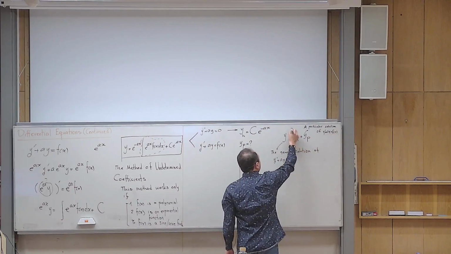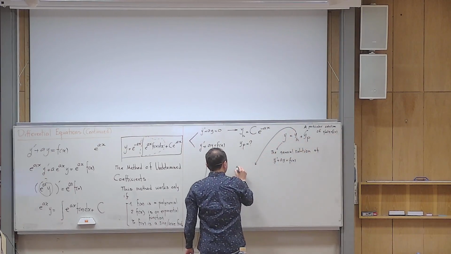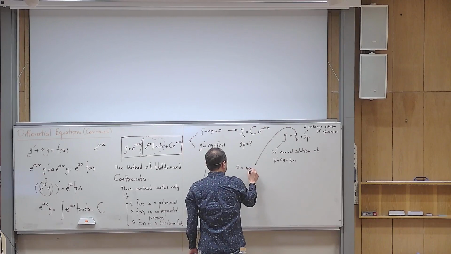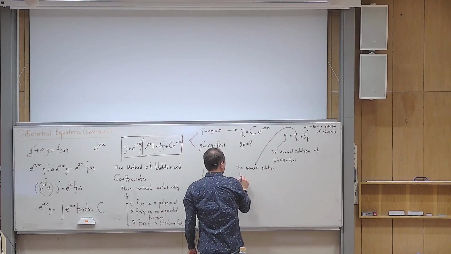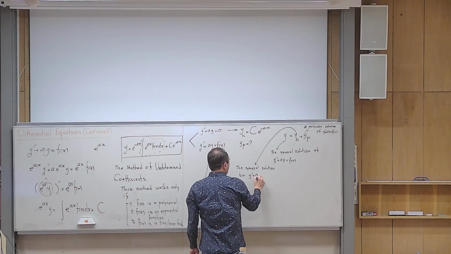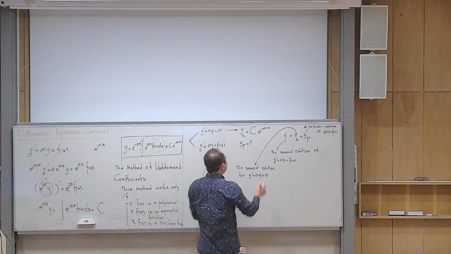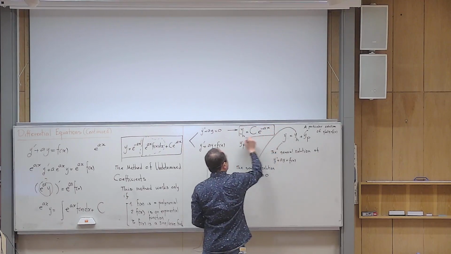And as you see, this is the general solution to y prime plus ay equals 0, which of course is always this one.